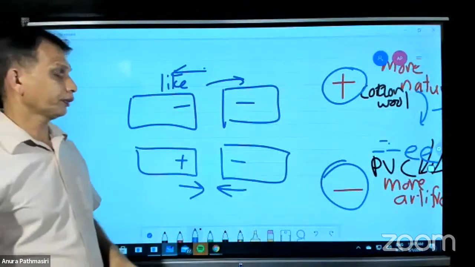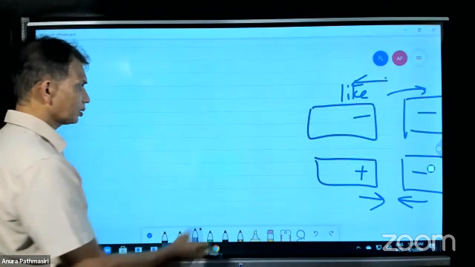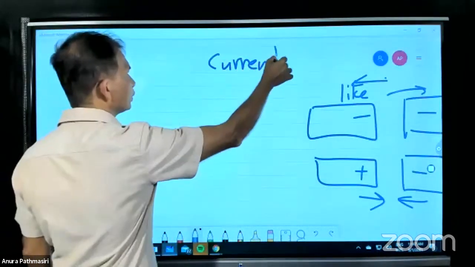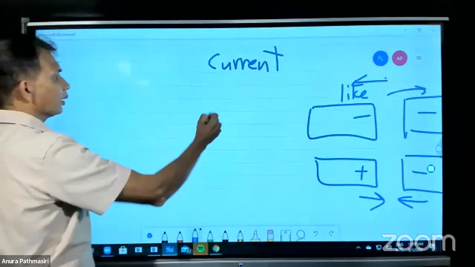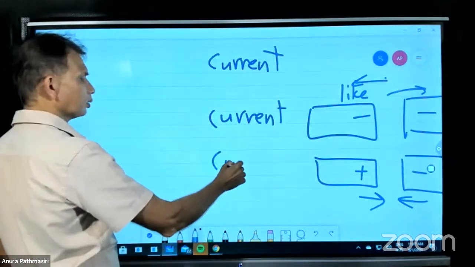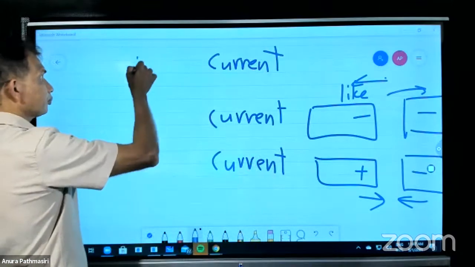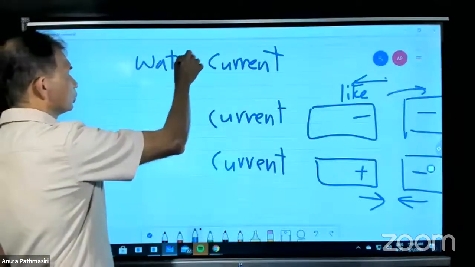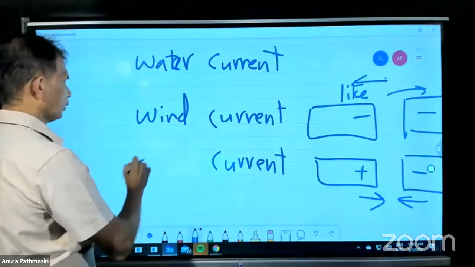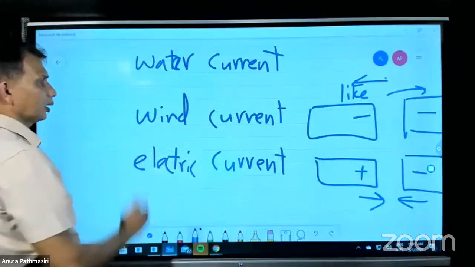Further, if you go on to electric current, there are three types of current that you might have heard of: water current, wind current, and electric current.